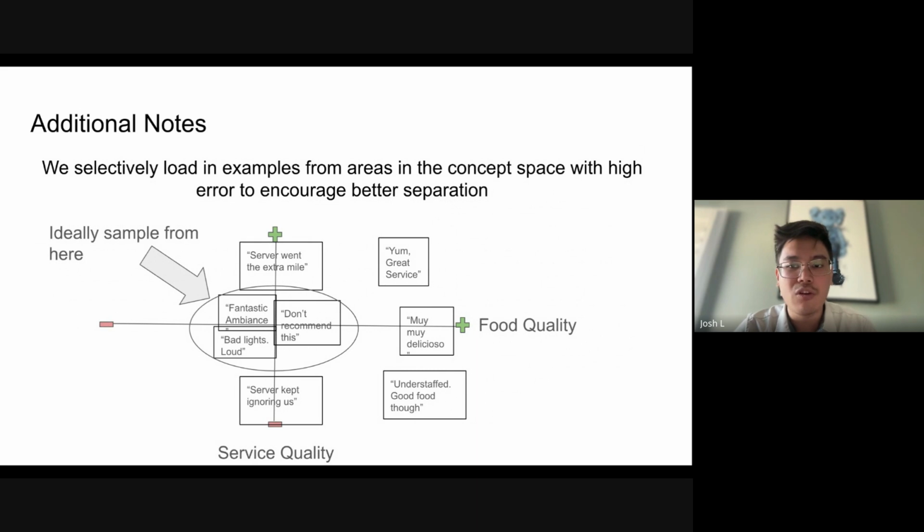But when you look at the concept space that generates, you have a lot of examples in the middle which don't necessarily have any information about service or food quality. Ideally, we'd want to sample from those areas with high error to encourage the model to learn more diverse concepts and improve performance on examples where we're making a lot of mistakes.